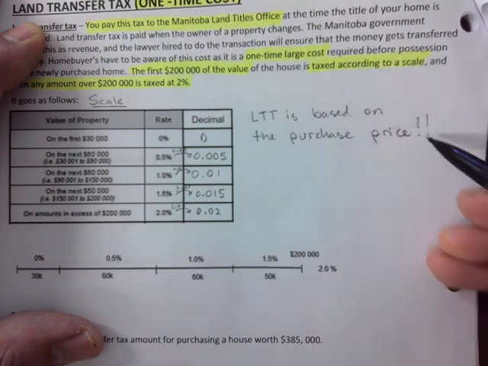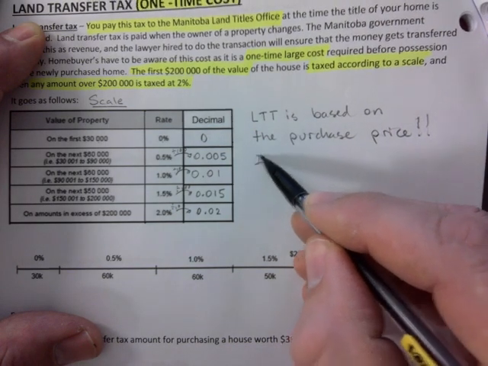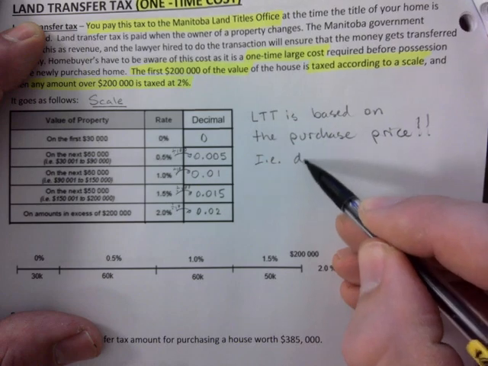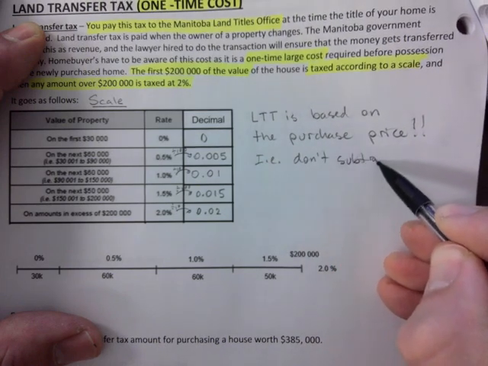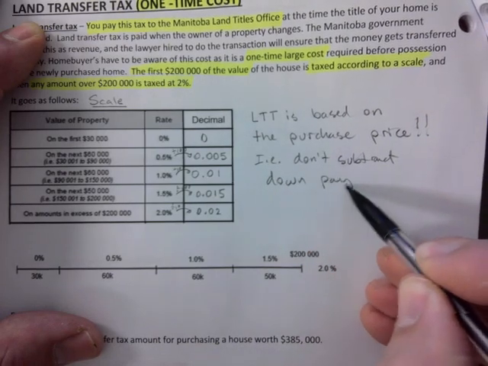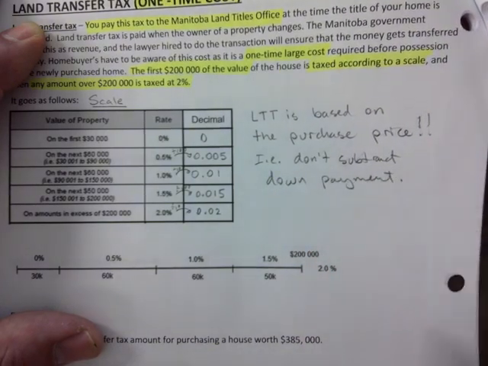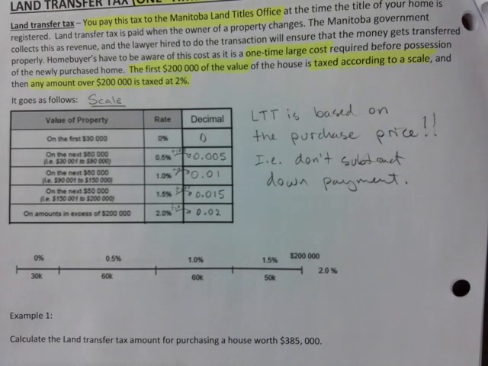So in other words, don't subtract the down payment. The province doesn't care how much of a down payment you have when it comes to taxation. They want to tax you on the full amount of the house.